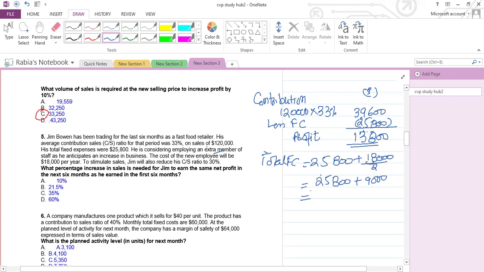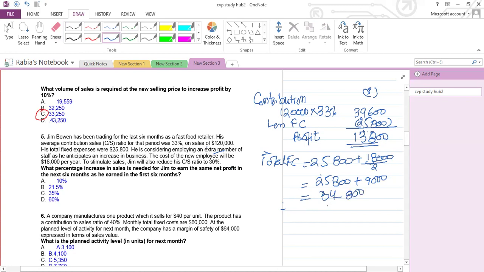You will get your fixed cost, that is 34,800.